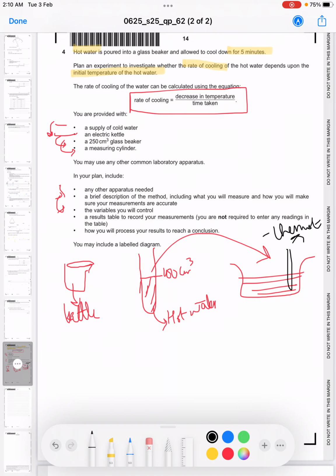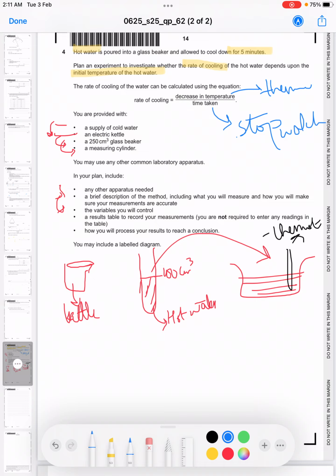And for measuring the time, why we need it, because in this formula we need the temperature and we need the time. So for temperature we need a thermometer, and for time we need a stopwatch, because we have to measure the temperature again after 5 minutes. So both of them are required.